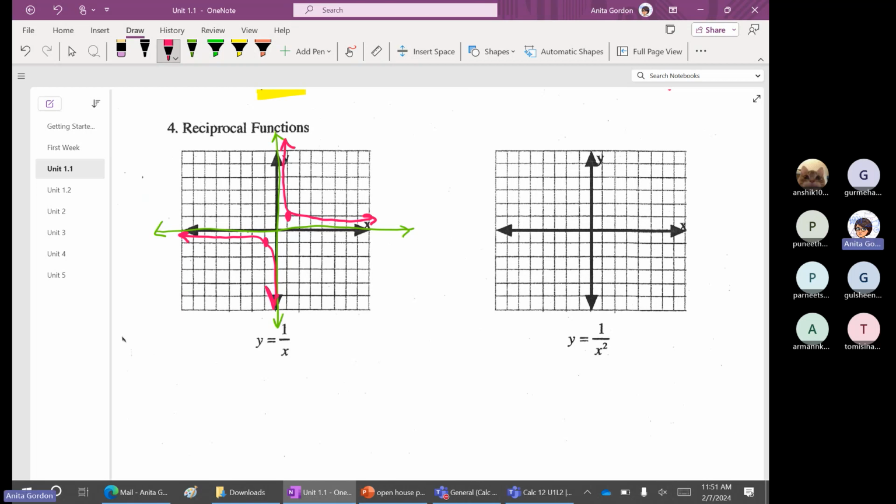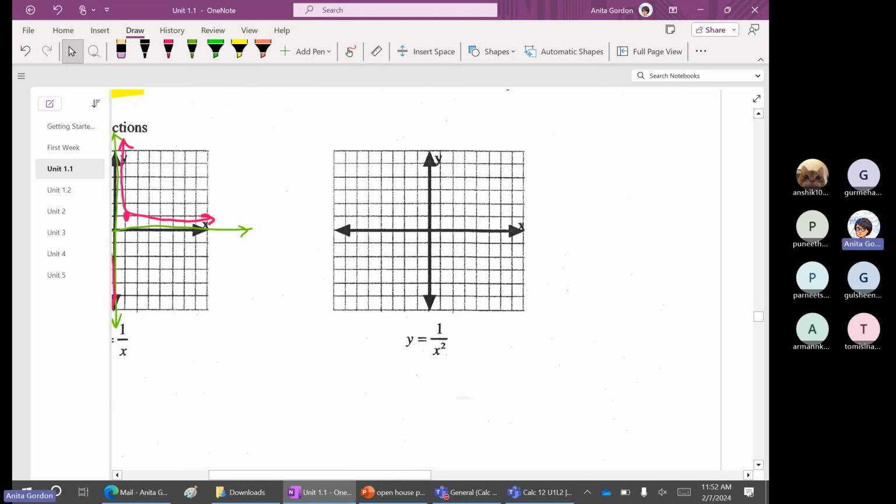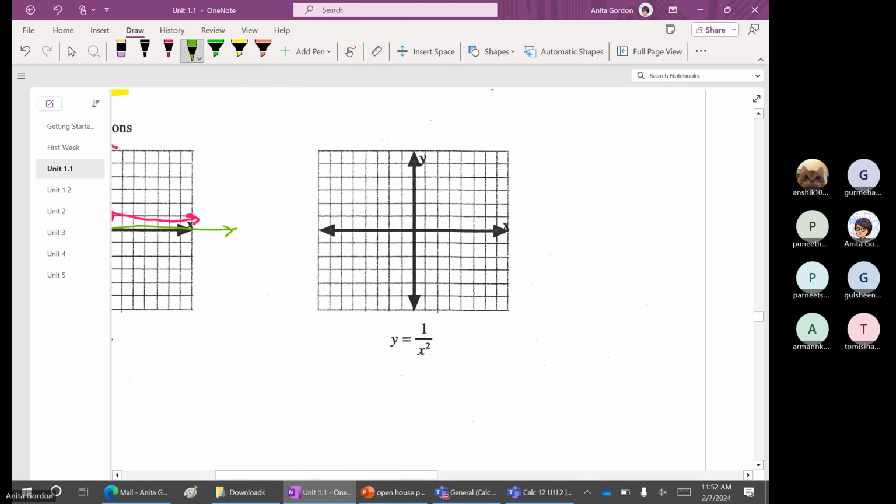Okay, what about x squared? What are the asymptotes here? What's your non-permissible value? Okay, so x cannot be 0, so that automatically means I can't touch the y-axis. If x cannot be 0, we cannot touch that line.